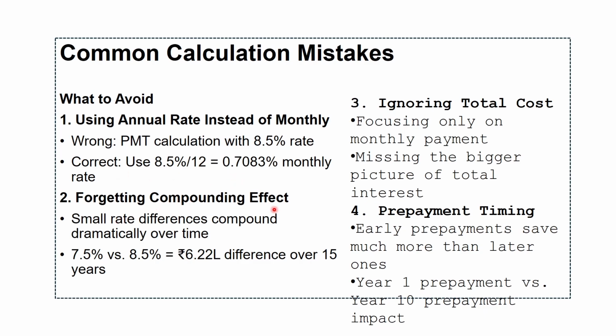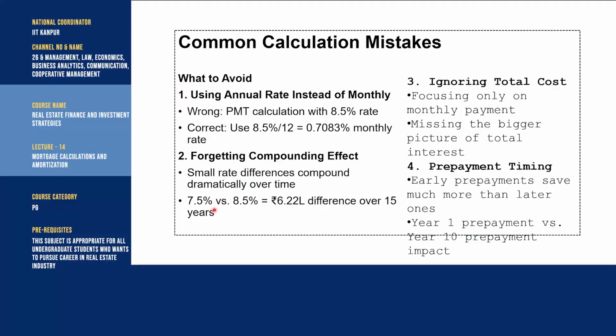Then, forgetting the compounding effect. Small rate differences compound dramatically over time. So 7.5% versus 8.5% is equal to a 6.22 lakh difference over 15 years. That kind of difference can be there in the compounding effect. If you do not consider the compounding effect, you are making a big mistake.